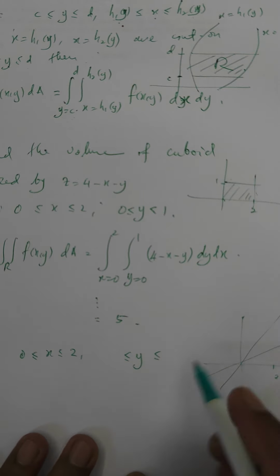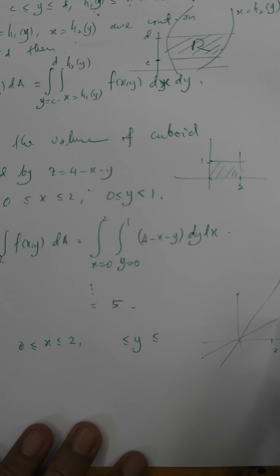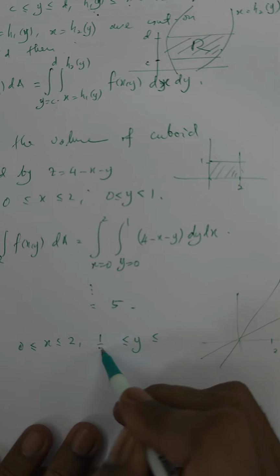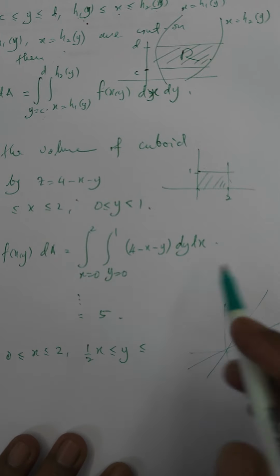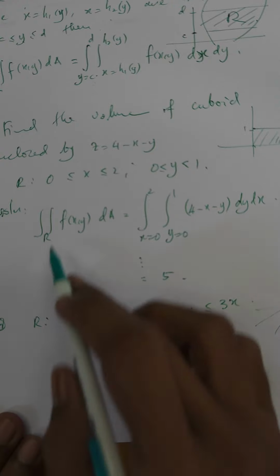Okay, so let's say this is y equal to half x, and then y equal to 3x. You can try to evaluate this.